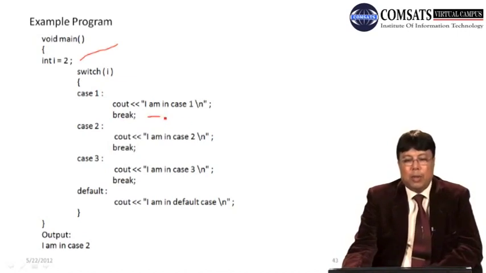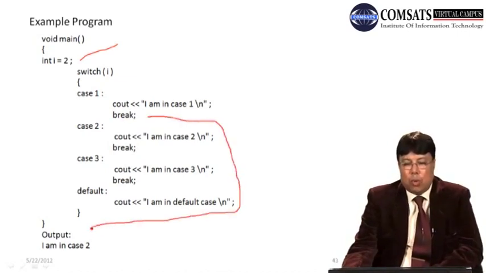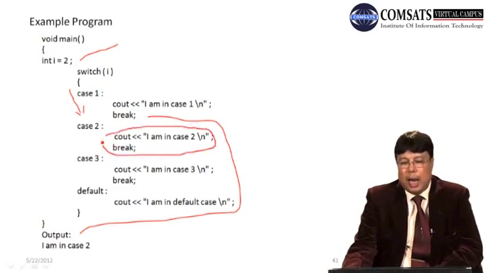Break. What this break will do is force the system to go out of this switch statement. It will not test 2, it will not test 3, it will not go to default. So usually we put a break whenever any case is successful, either 1 or 2 or 3, because we have been successful inside a valid case statement, and now we want to break out.